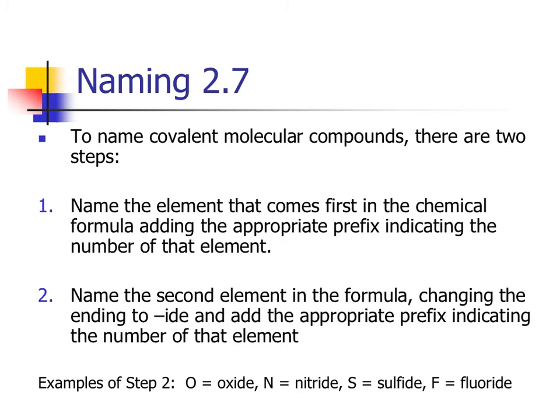The first step is to name the element that comes first, which would hopefully make sense, adding the appropriate prefix that indicates the number of that element. If there is only one of that element, no prefix.